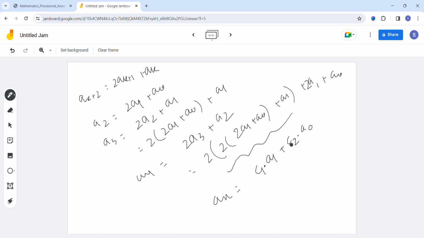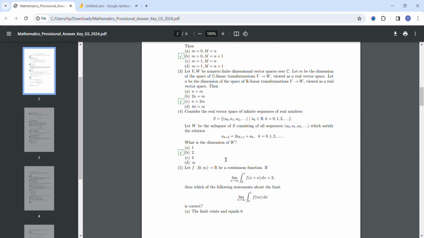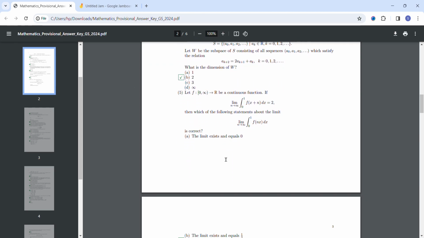That's why the dimension will be 2, because the choices depend only on a0 and a1. So the dimension is 2. It is obvious. It is an easy problem. Now come to problem number 5.